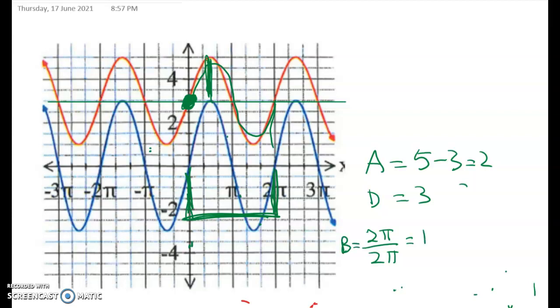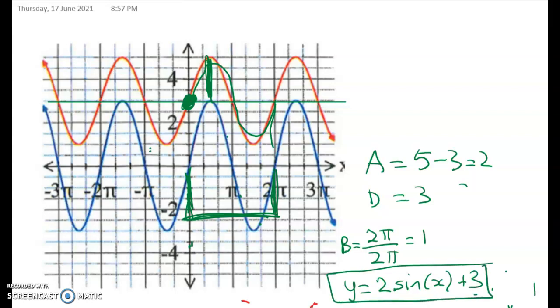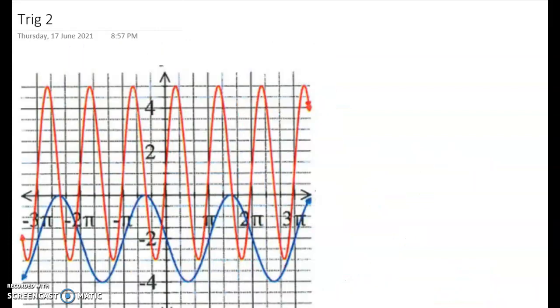I don't have any horizontal stretch going on. So the equation for the red curve will be y is equal to 2 sine x plus 3. I've got a vertical shift of 3 and my amplitude is 2 instead of the standard 1. Right, let's look at the next two graphs now.